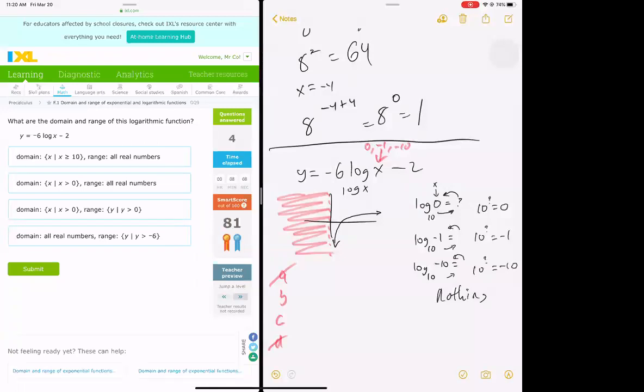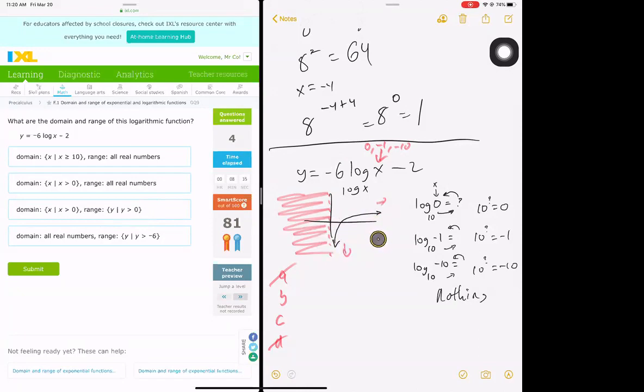Looking at the range, we can go from -infinity to positive infinity. That's not a problem. This graph isn't just bounded. Look at your option C, the third possibility. They say y can only be greater than 0. If you look at my graph here, that's not true.